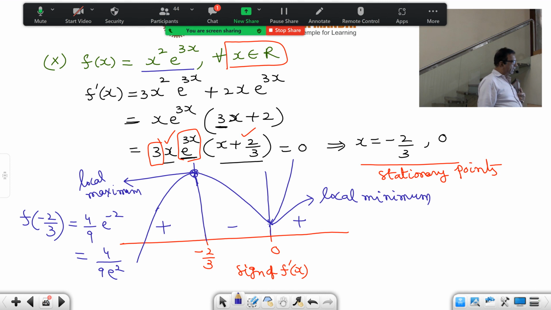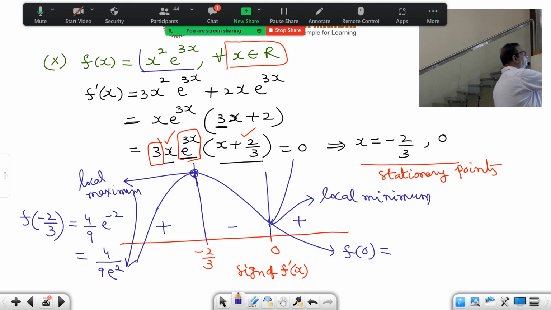So 4 by 9 e square is the local maximum value. And the local minimum value is f of 0. If you put in the original function, you will get 0 only. So 0 is the local minimum value. Local minimum value is 0 and local maximum value is 4 by 9 e square.